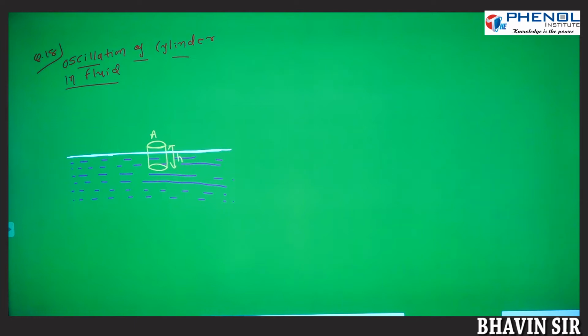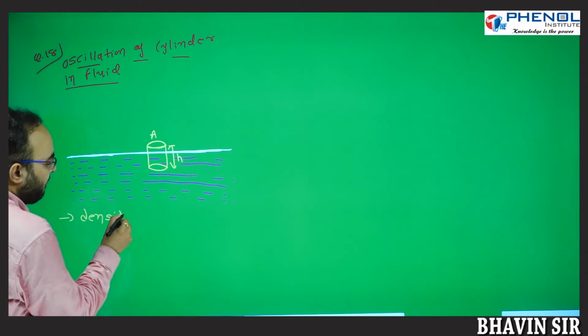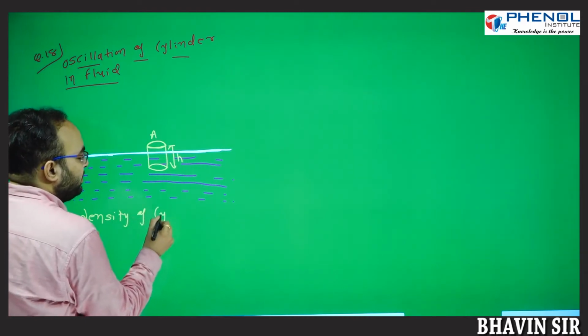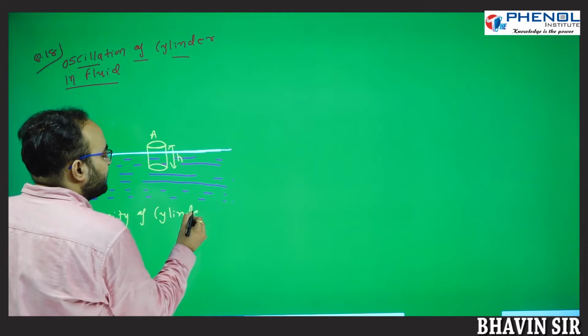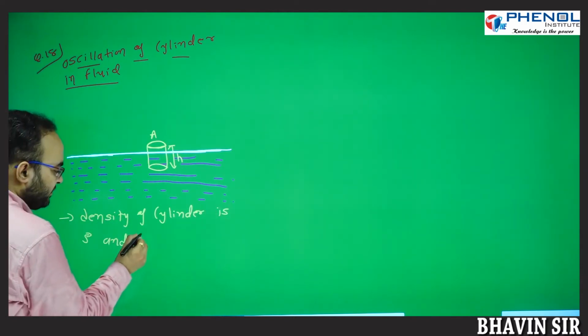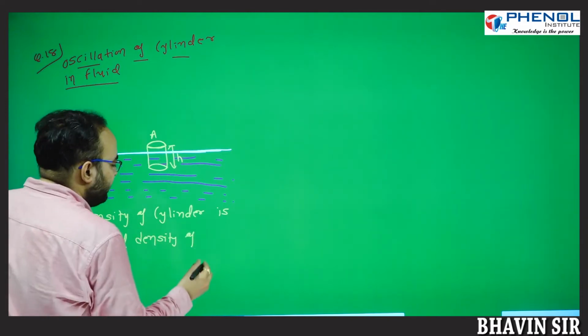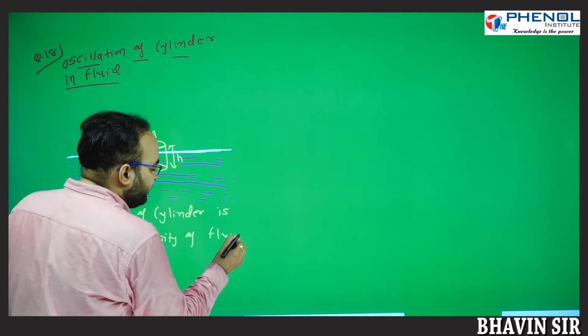A. Cross section area of cylinder is what? Base area is what? A. Chalo, so density of cylinder is rho, and density of fluid is what?